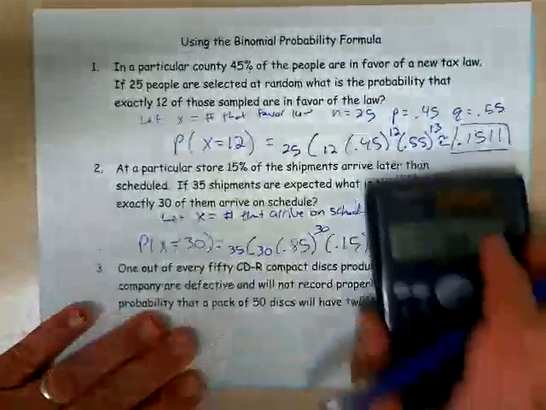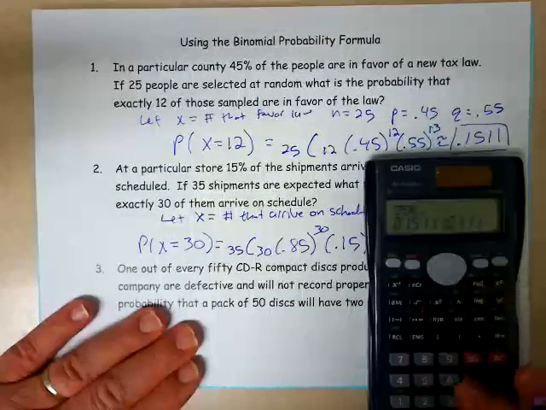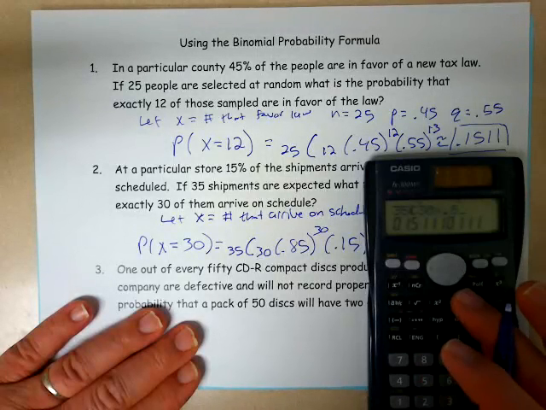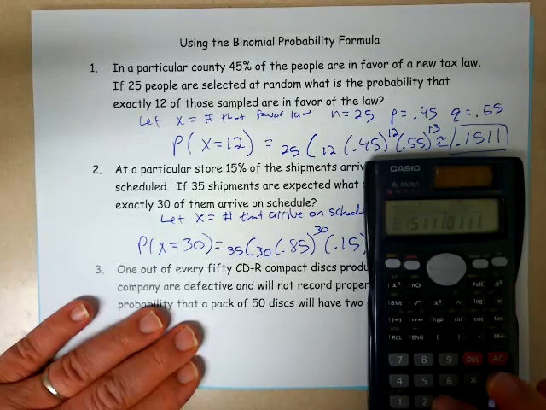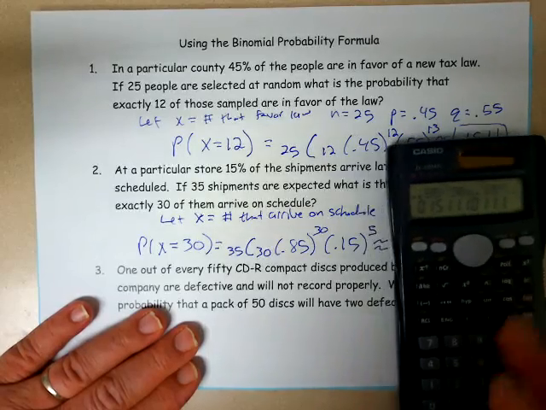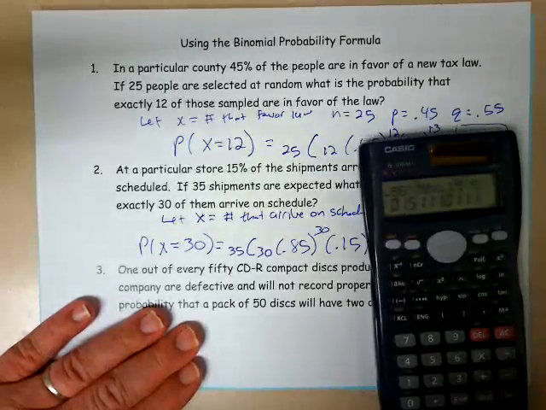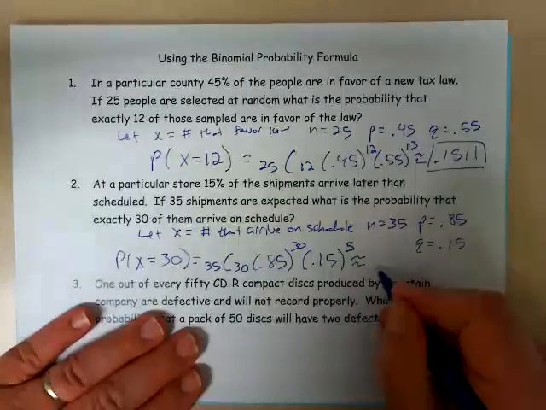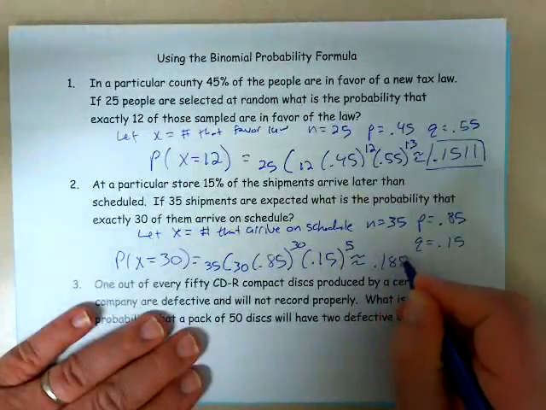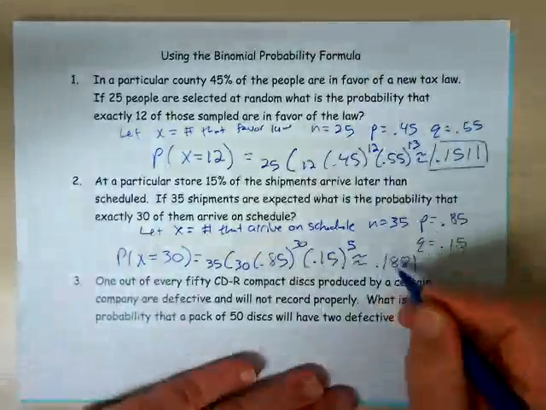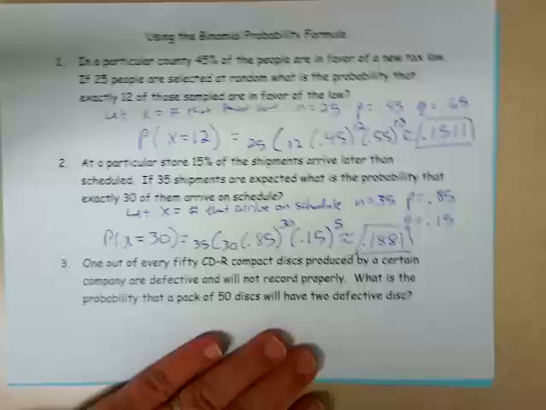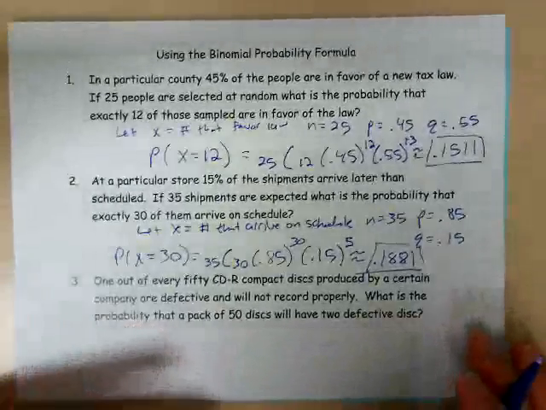Then I'm going to get 35 choose 30 times 0.85 to the 30th times 0.15 to the 5th, and it looks like I get 0.1881. That would be the probability that exactly 30 of them arrive on schedule.